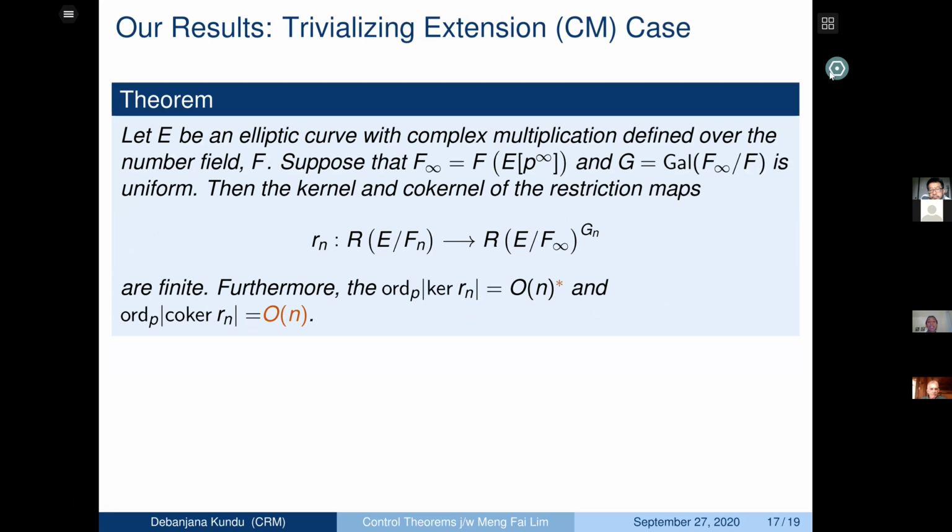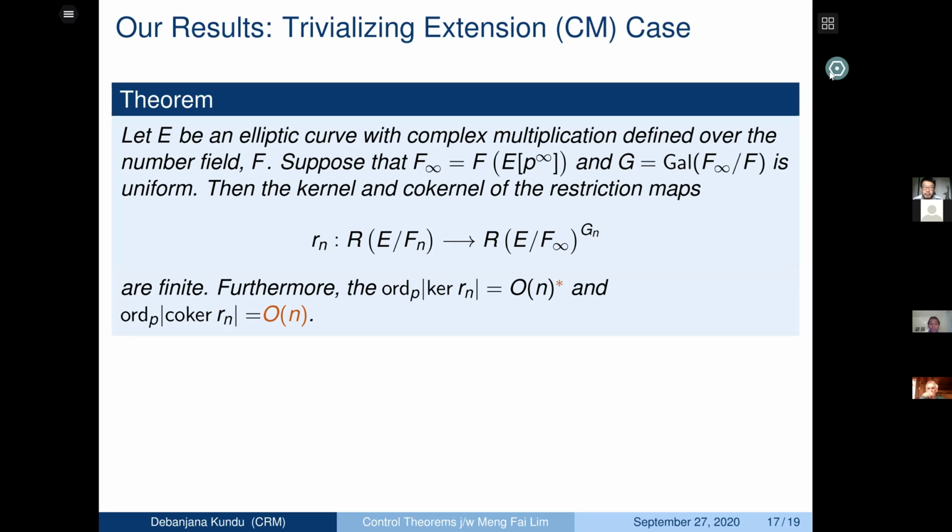Okay, so now talking about the trivializing extensions. The theory of complex multiplication tells us that if E is an elliptic curve with CM, then your Galois group of F infinity over F, where you've attached all the p-power division points, is a dimension 2 abelian extension, so that's a Z_p squared extension.